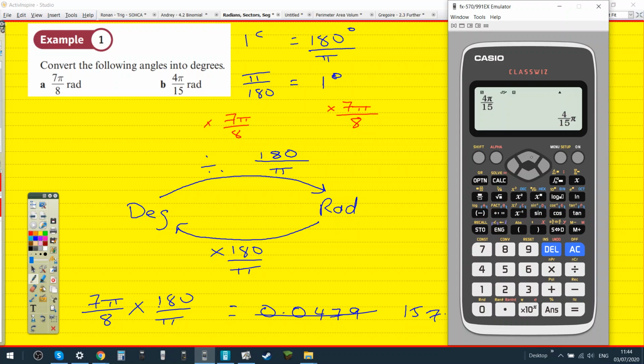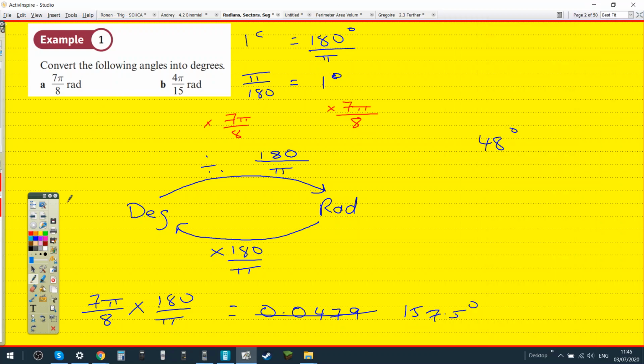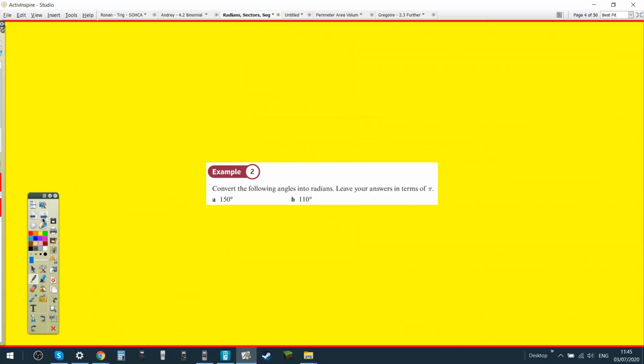But if I do shift setup and change my angle unit to degrees, I get the same thing and get made a liar of. That never happens. Let's see. On my old calculator, I knew where it was. I'll try to find it in the graphical one. Yep. All right. We get the idea.